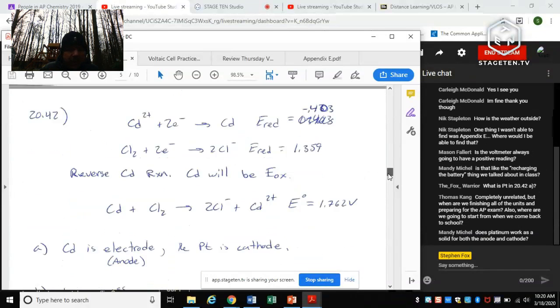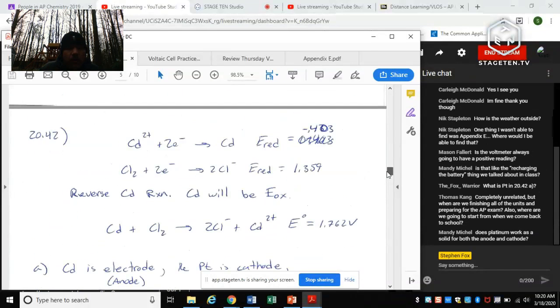That's when we pick platinum, okay? Technically, you could say chlorine is the electrode at the cathode, but you would need a piece of metal there, and that's why we chose platinum. Whenever you don't have a solid to pick from, use platinum. That's kind of understood to be the metal you would use. You could use gold or palladium or something like that, but platinum's usually the go-to.